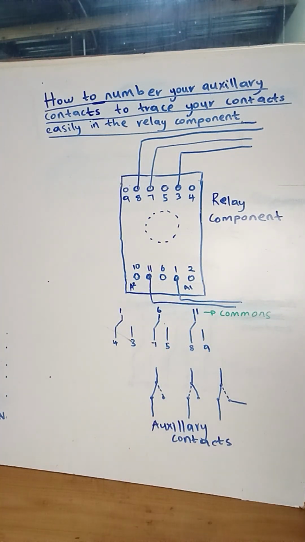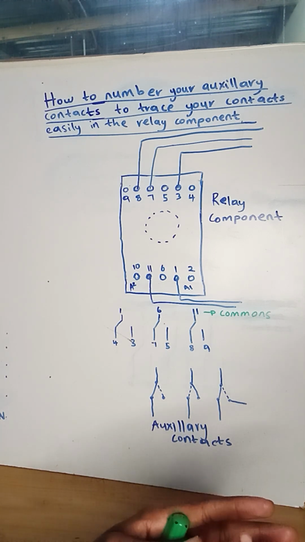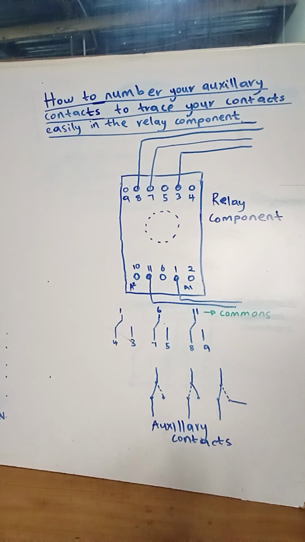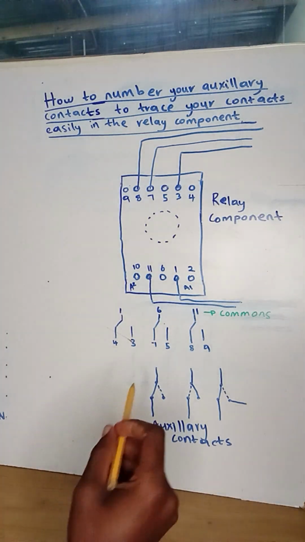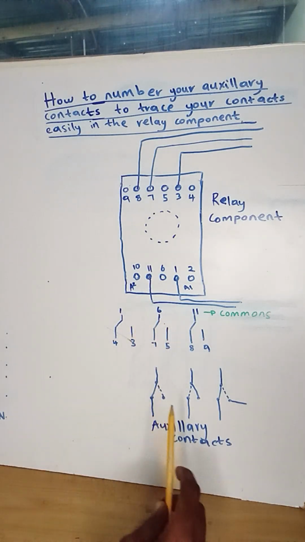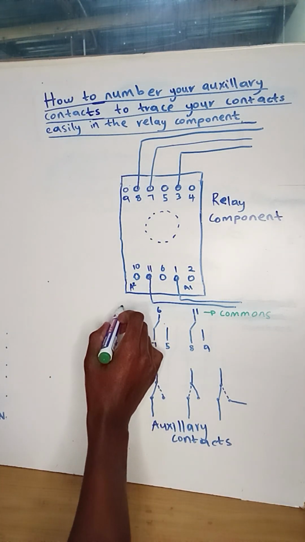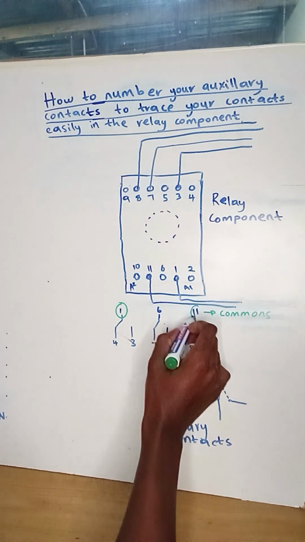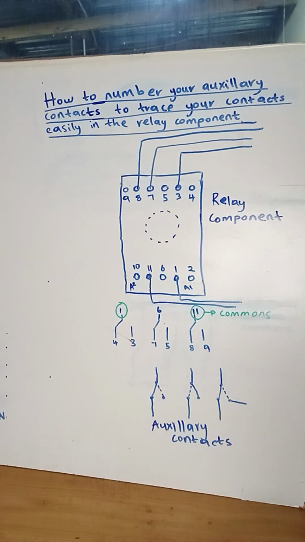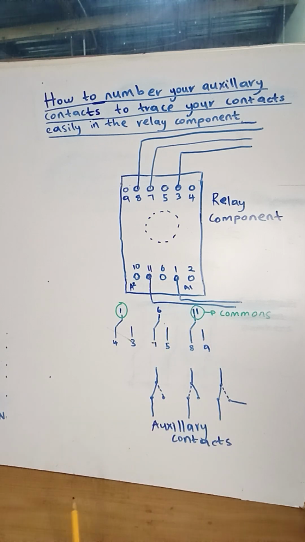So what do you check in your common points? You check which commons are connected with the wire. The commons that are connected with the wires are 1 and 11, which means right now you'll only be focusing on number 1 and number 11, because their common points are connected with the wires.